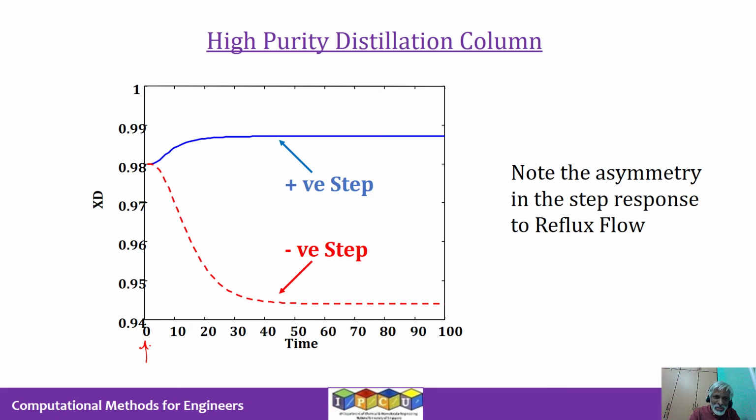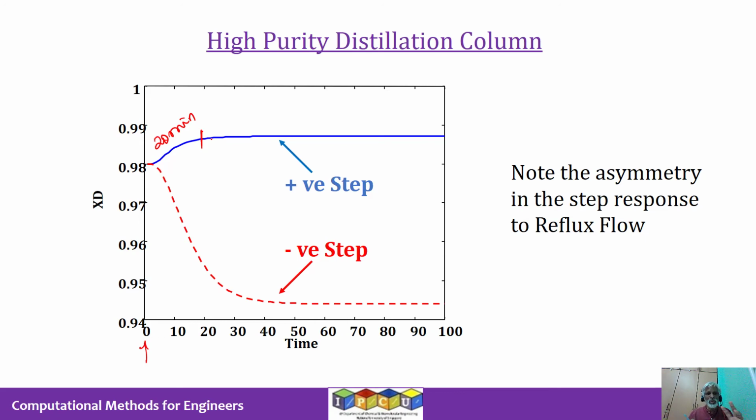By about, let's say, 20 minutes or so, this curve flattens out in the positive direction. So the speed of the response is of the order of 20 minutes. This is called time to steady state. So by about 20 minutes, the system almost flattens out. If I make a positive change in the valve opening, that means if I open the valve a bit more, this is what happens.